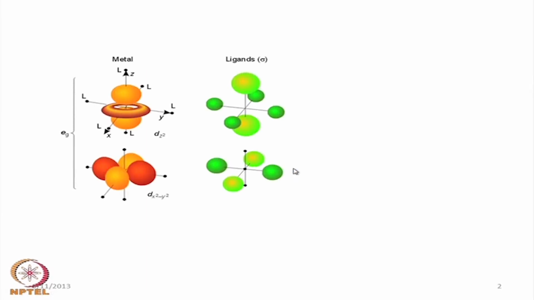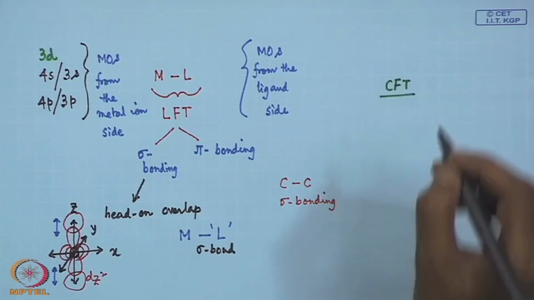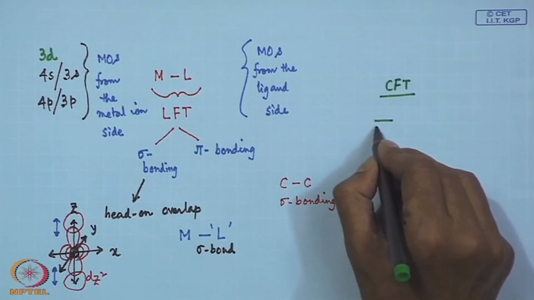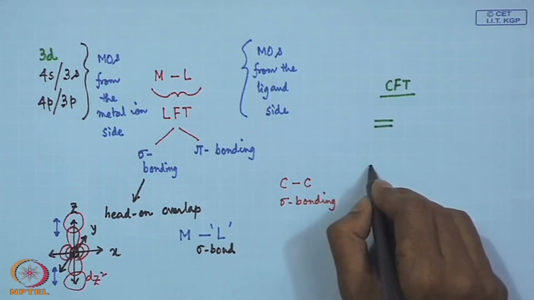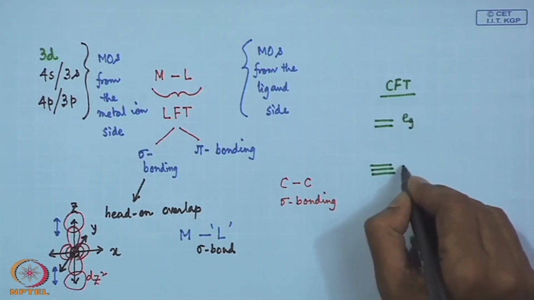Then the other group of orbitals is the availability of these two orbitals that we saw in crystal field theory, dz square and dx square minus y square. In CFT we have these two levels, the Eg, and the T2g set of orbitals.